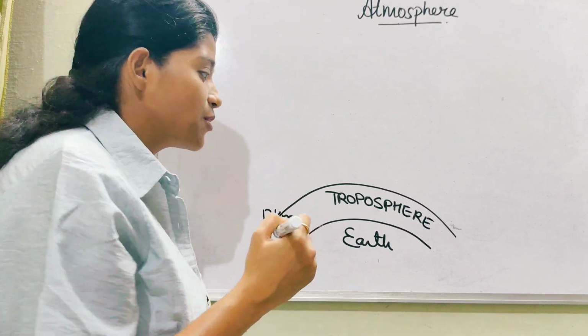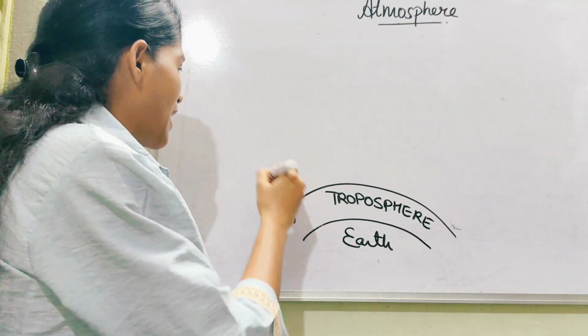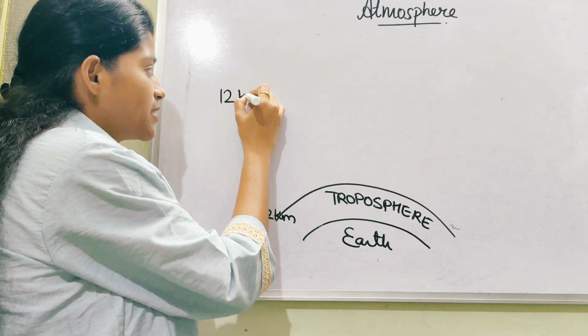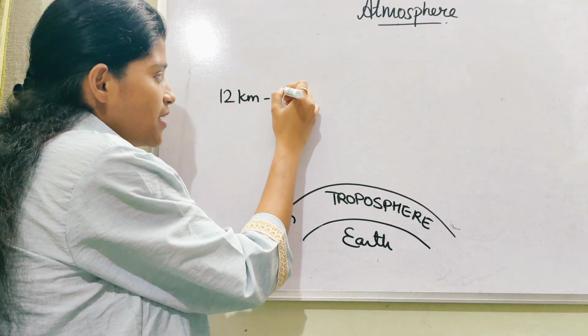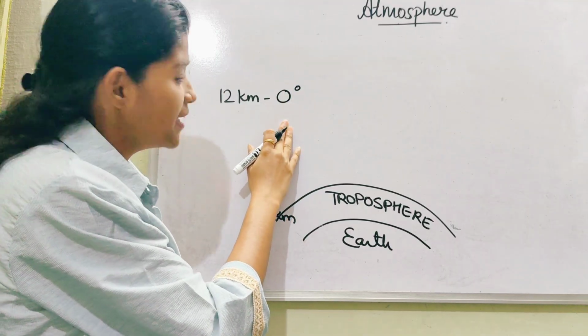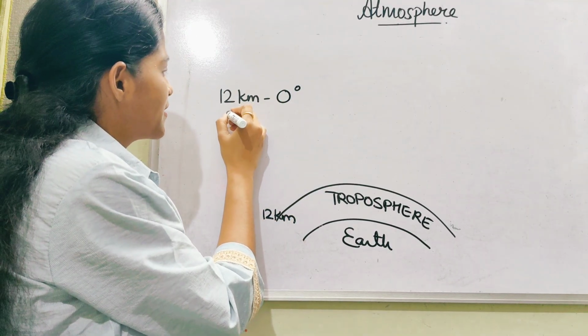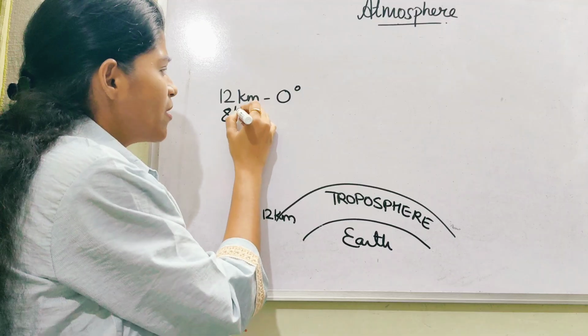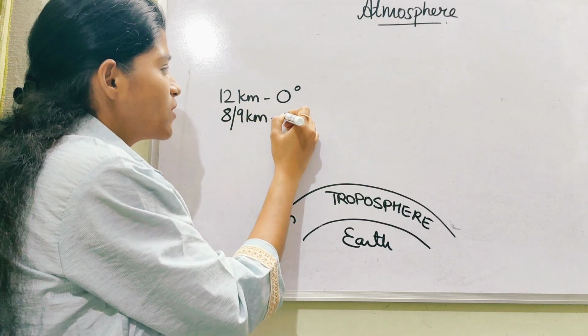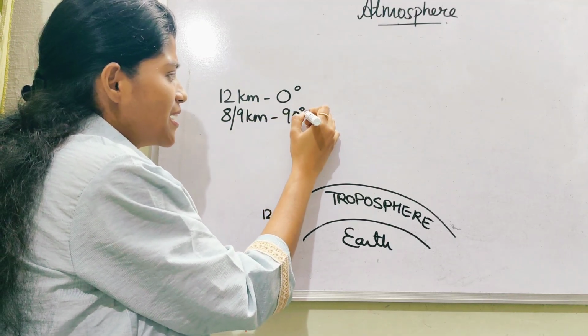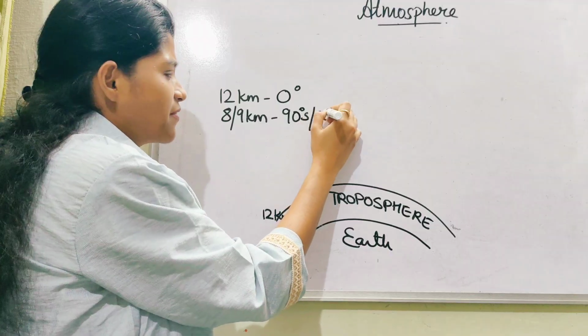Remember this, troposphere extends to a height of 12 kilometers over the equator. Equator is 0 degree and it extends to a height of 8 kilometers or 9 kilometers over the poles. Poles is 90 degree south or 90 degree north.